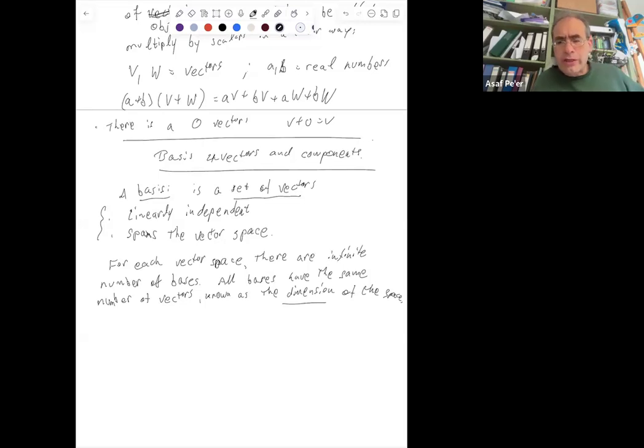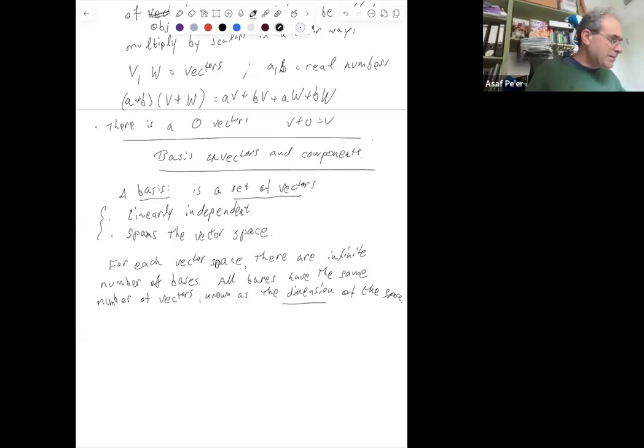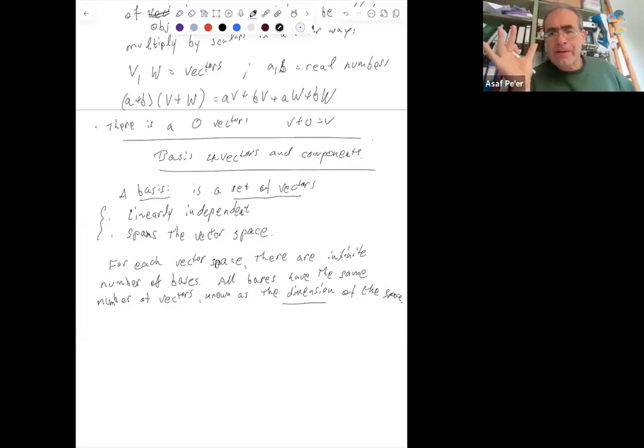Its components change, the same way as when we change the x and y basis. We change the components of a vector, the way we describe the vector, but we don't change the vector. Okay, you're all with me?